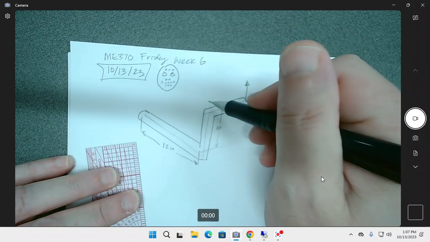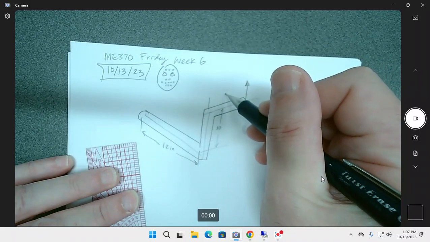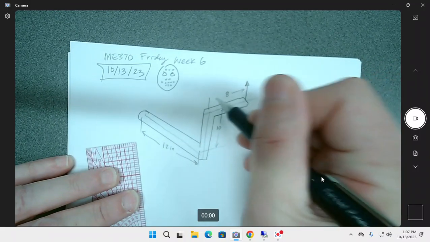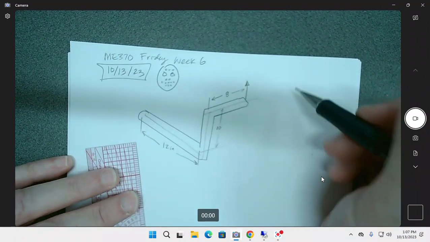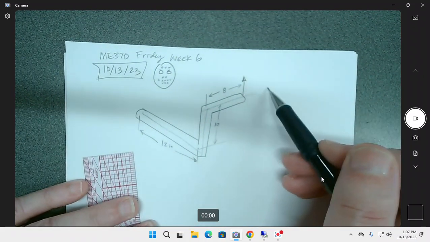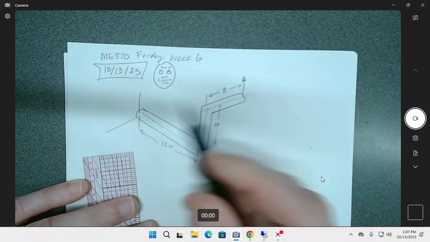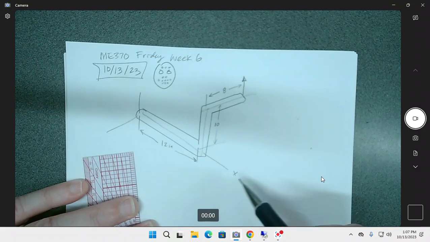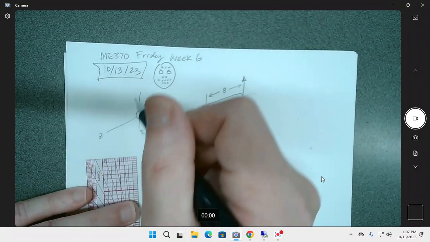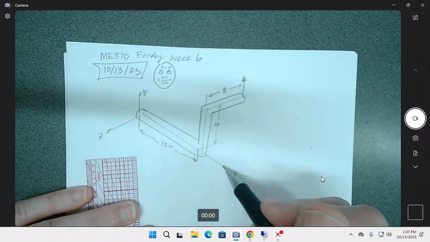10 inches. 8 inches. This is not the same as ours. Ours actually has a force coming out in that direction right there. So this has some quirks that yours doesn't, at least one big quirk.